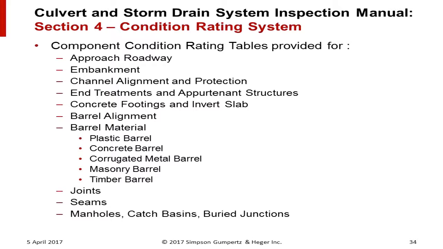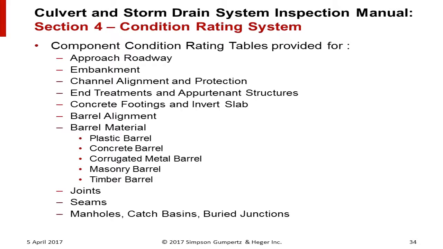So as I mentioned before, these are the individual components that we've included ratings tables for: approach roadway, embankment, channel alignment, and protection. So this will also include some on waterway adequacy, end treatments and appurtenant structures, the concrete footings primarily for the 3-sided culverts, barrel alignment, which is more to do with the hydraulics and the joints. Barrel materials that we've included.